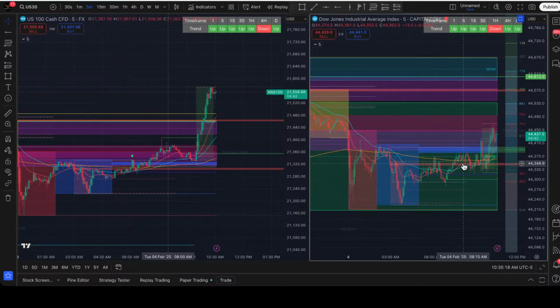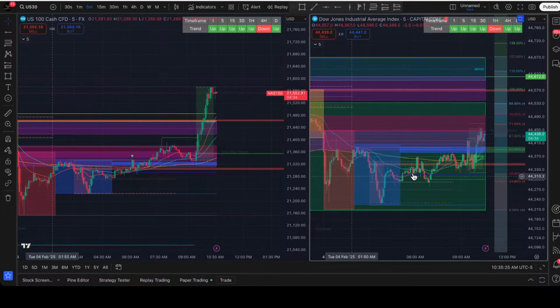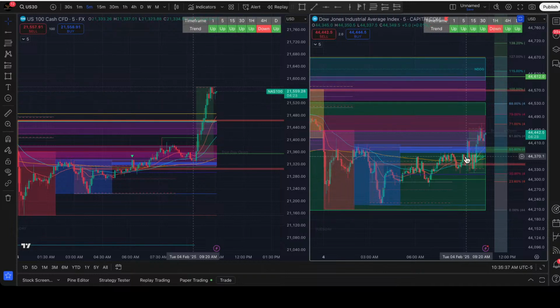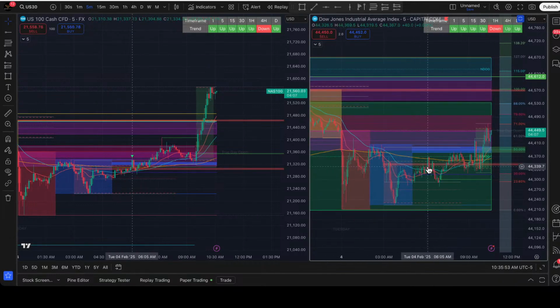More interested in US 30 right now. A lot of telltale signs again that this thing wants to drive down from here.